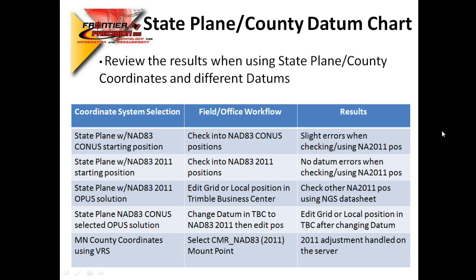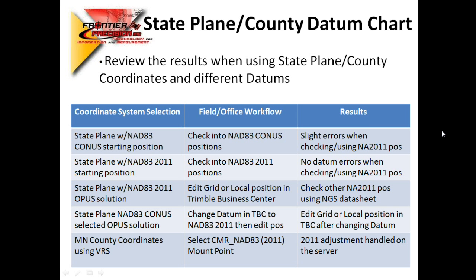Not huge, but slight. Second scenario. State plane with NAD83 2011 starting position, and that's my designation for the coordinate system within my software. Then my field and office workflow should be checking into other NAD83 2011 positions, and if I do so, I'm not going to see any transformation errors here.